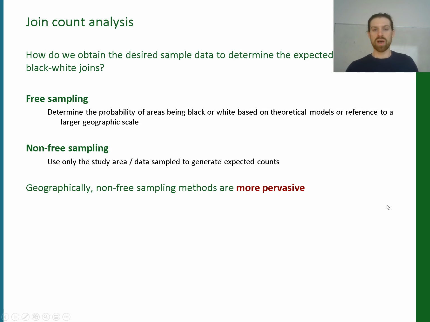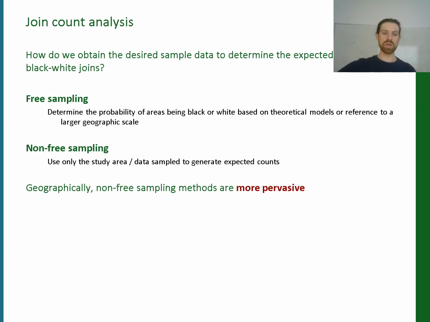How do we obtain the desired sample data to determine the expected number of black and white joins? Well, we can use a variety of different types of sampling. So we could use free sampling. That's one approach where we determine the probability of the area being either black or white, depending on the expected outcome, so the theoretical models of reference from the literature, for example, given some sort of geographic scale that we're working within.